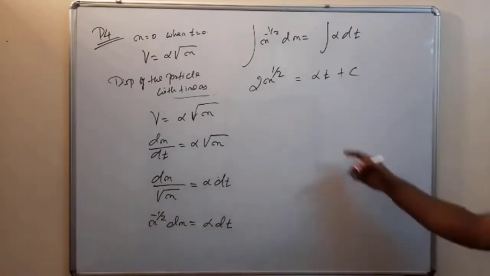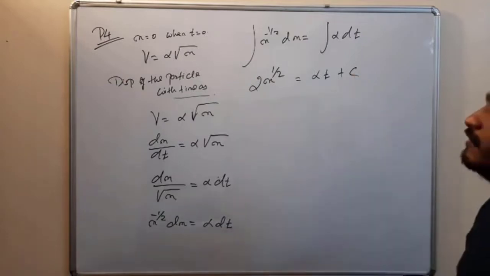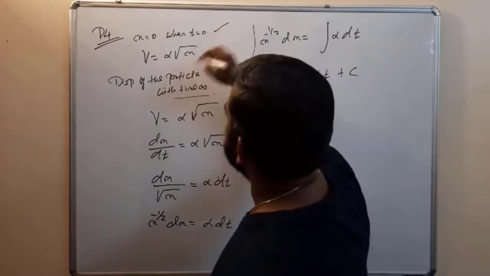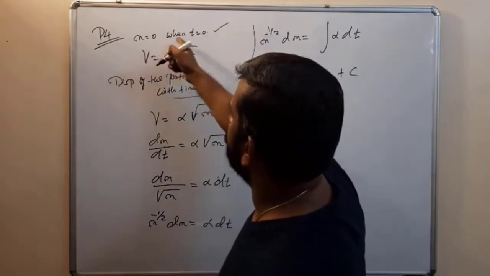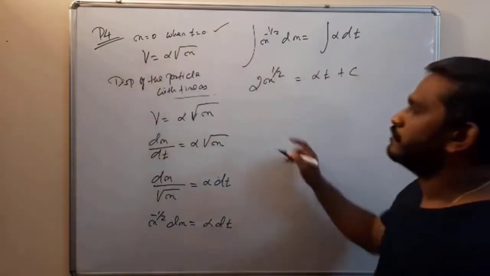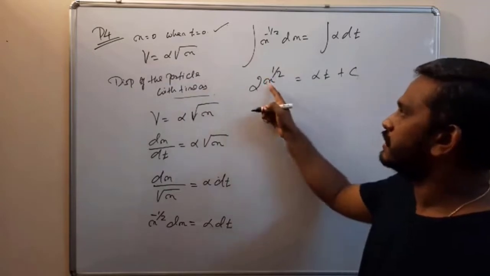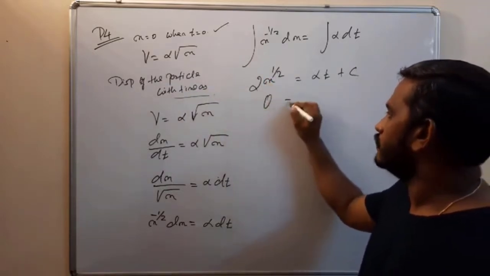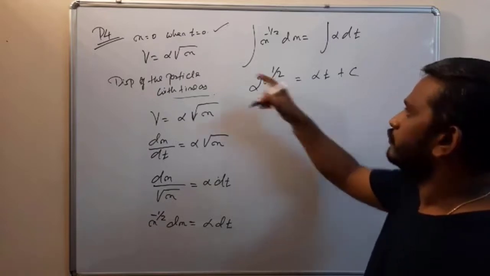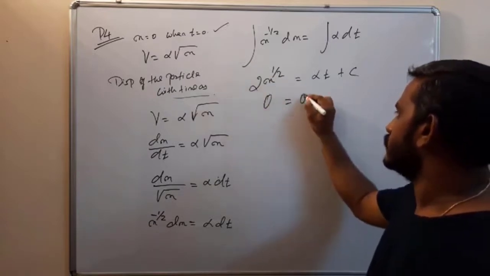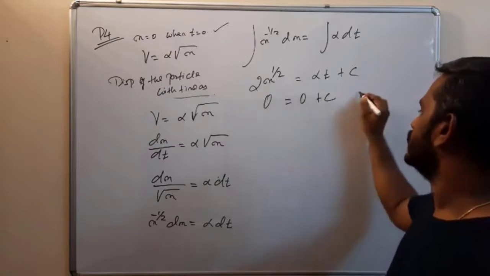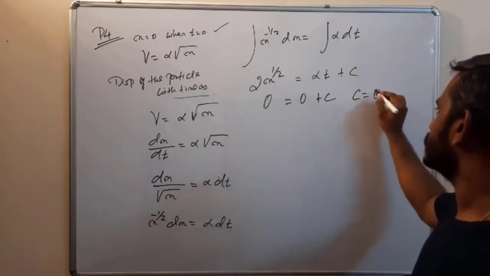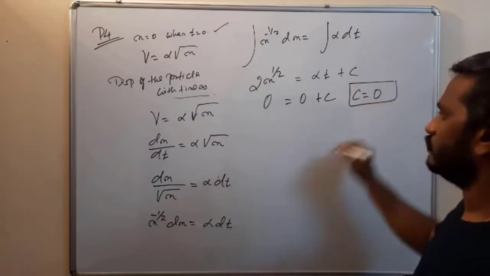Since we are integrating without limits, there is a constant of integration. One initial condition is given: when x is equal to 0, time is equal to 0. Applying that condition, 0 is equal to alpha into 0 plus c. So the value of the constant of integration is c equal to 0.